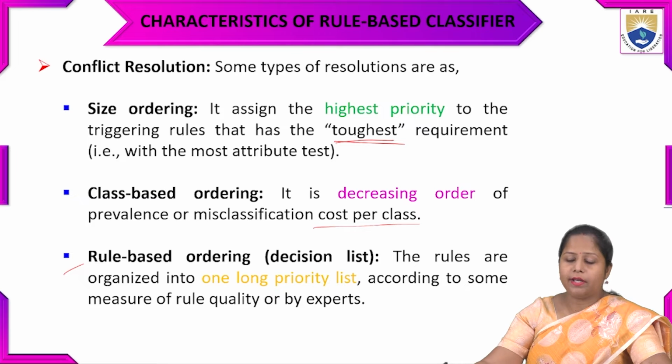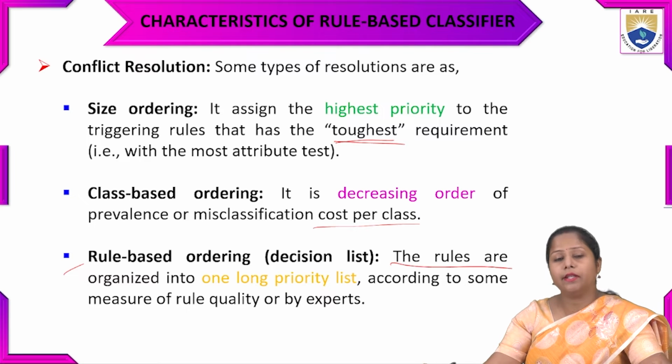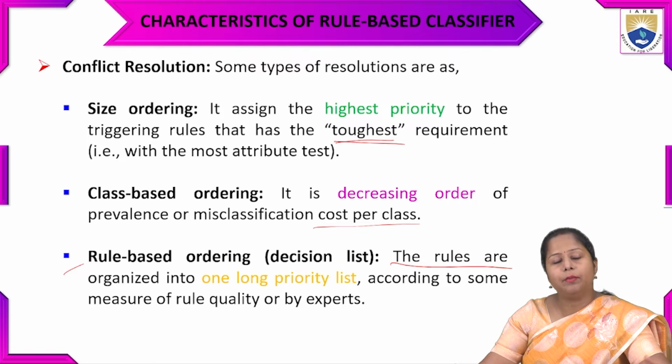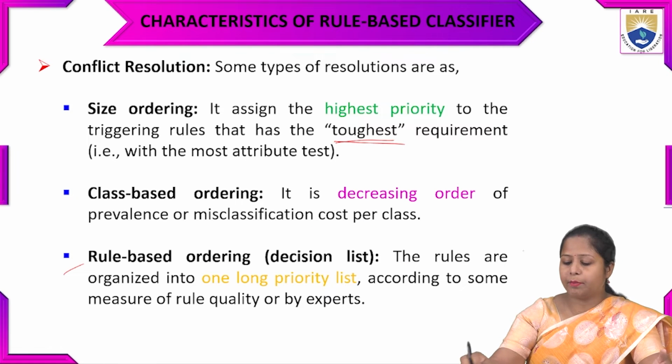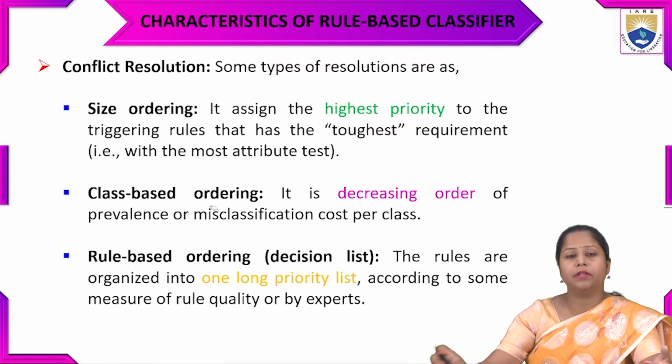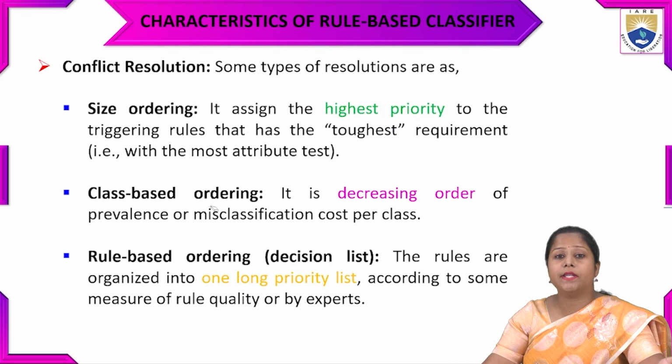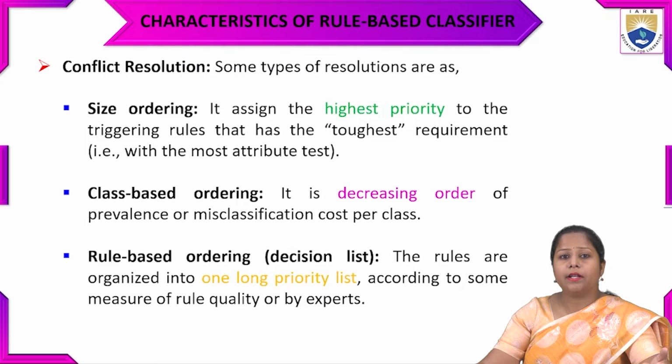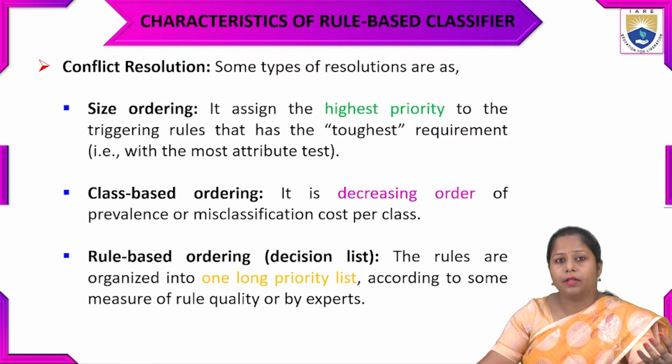For rule-based ordering, that is also the decision list. The rules are organized into one long priority list. According to some measure of rule quality, such as accuracy, coverage and toughness, or by a domain expert, we keep the rules in order in rule-based ordering.